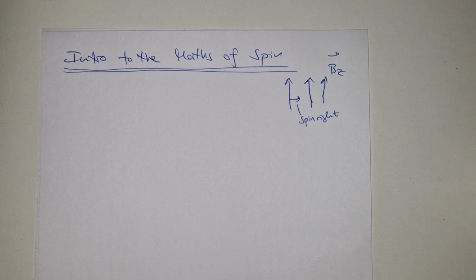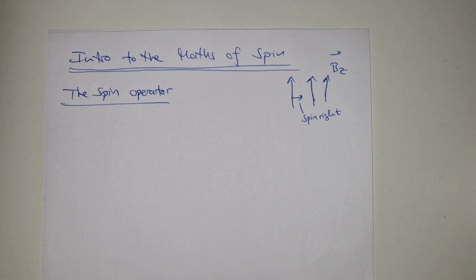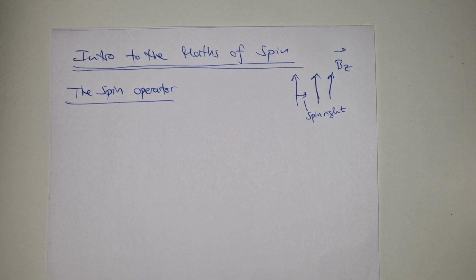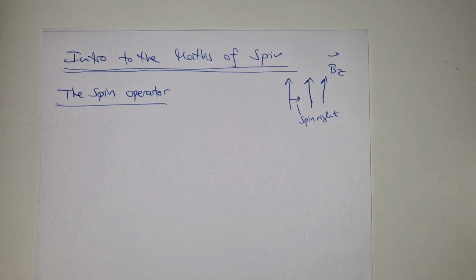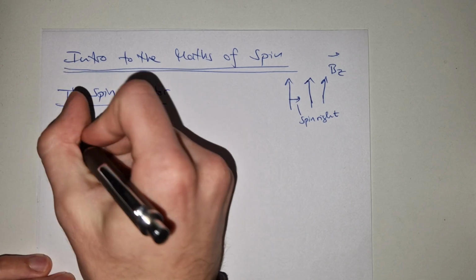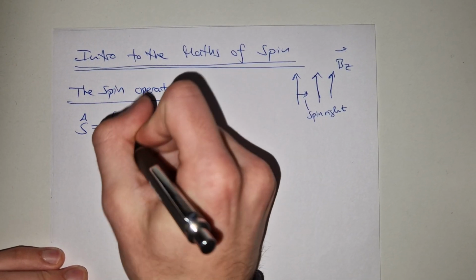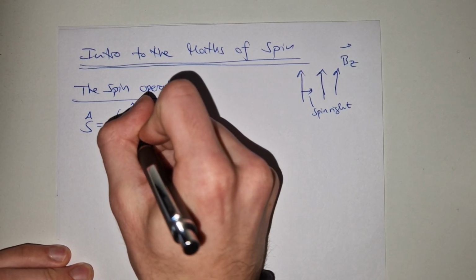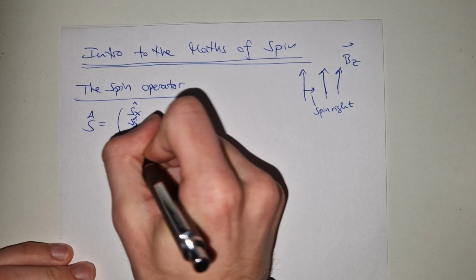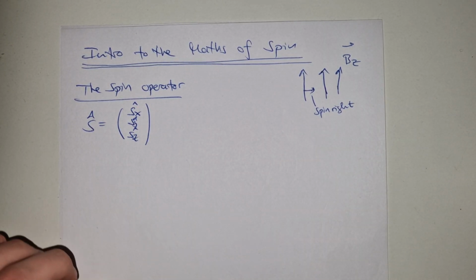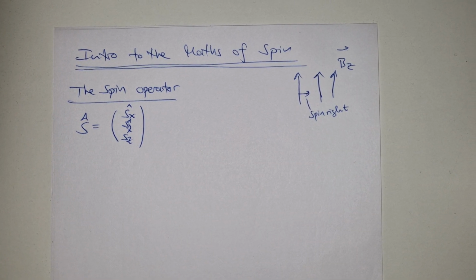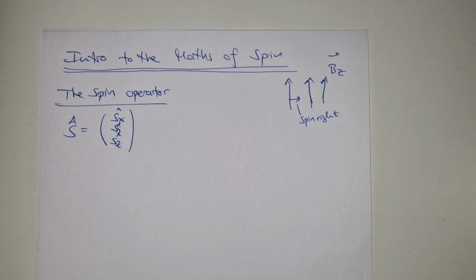Okay, so let's start with the basics. The spin operator is basically a three-dimensional vector. So the spin operator is the spin x operator, the spin y operator, and the spin z operator. So we've got three directions of spin. And as always in quantum mechanics, we cannot measure all of them at the same time. This is shown by the commutator relations.